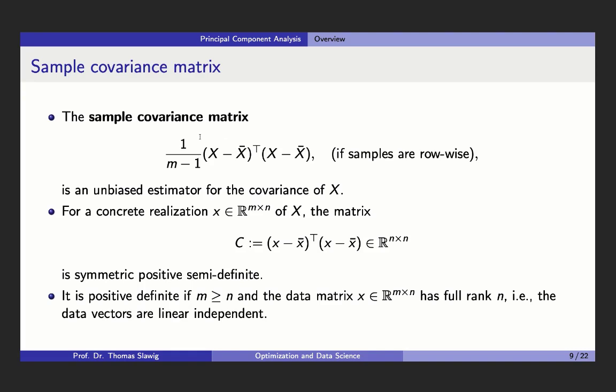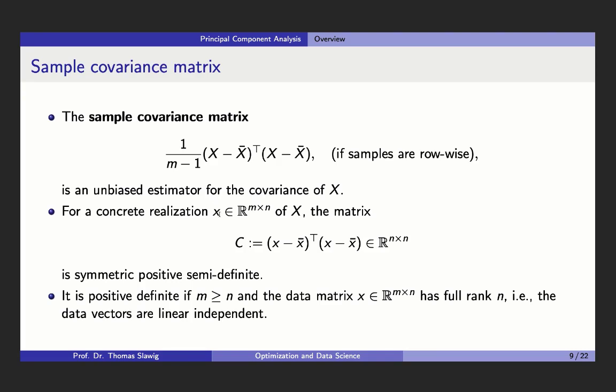So if the samples are row-wise, we get this estimator for the covariance matrix. We just take the transpose of the matrix and multiply it by itself. And of course here I'm still in the realm of the random variables with uppercase X.